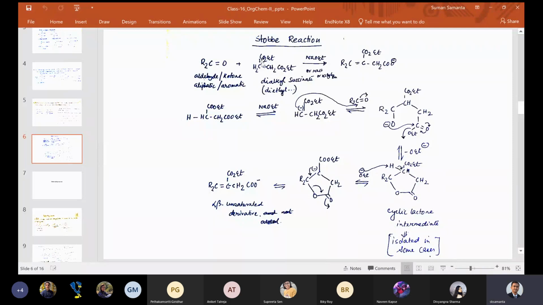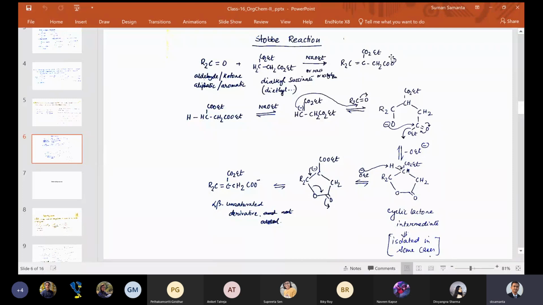One thing you might have noticed is that in Knoevenagel reaction you never get a hydrolyzed product. But in this case, if it were a Knoevenagel condensation, you would expect a double bond C and CO2, meaning this one, but this would remain as Et. But very strangely, only this ethyl has got hydrolyzed.